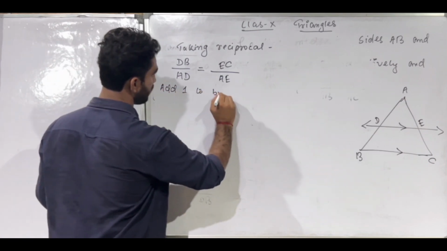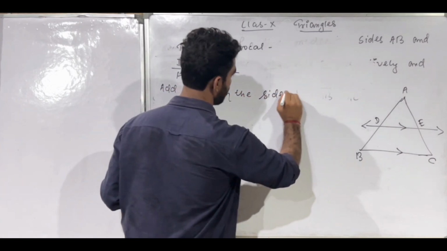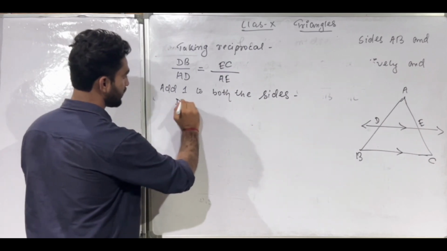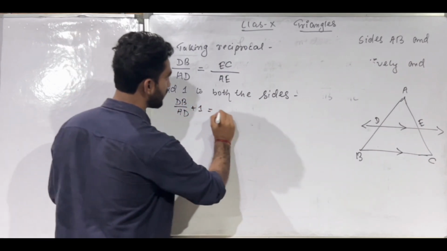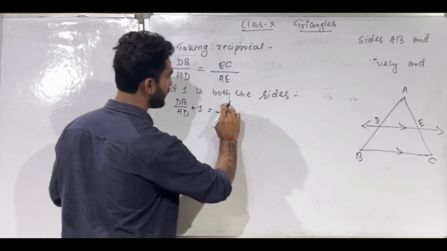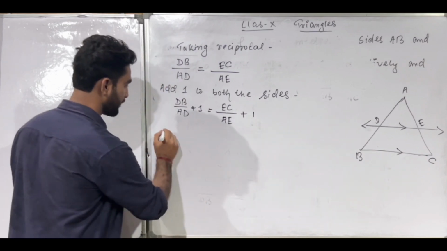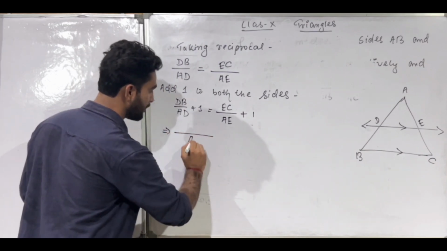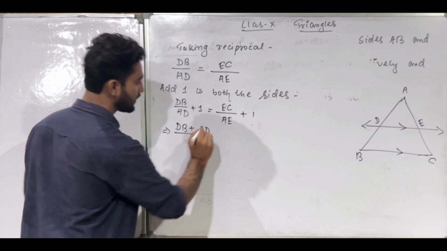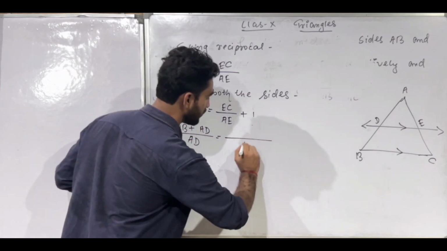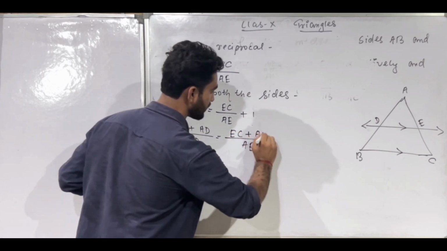So write, DB divided by AD plus 1 is equal to EC divided by AE plus 1. Now take the LCM. This will be (DB plus AD) divided by AD is equal to (EC plus AE) divided by AE.